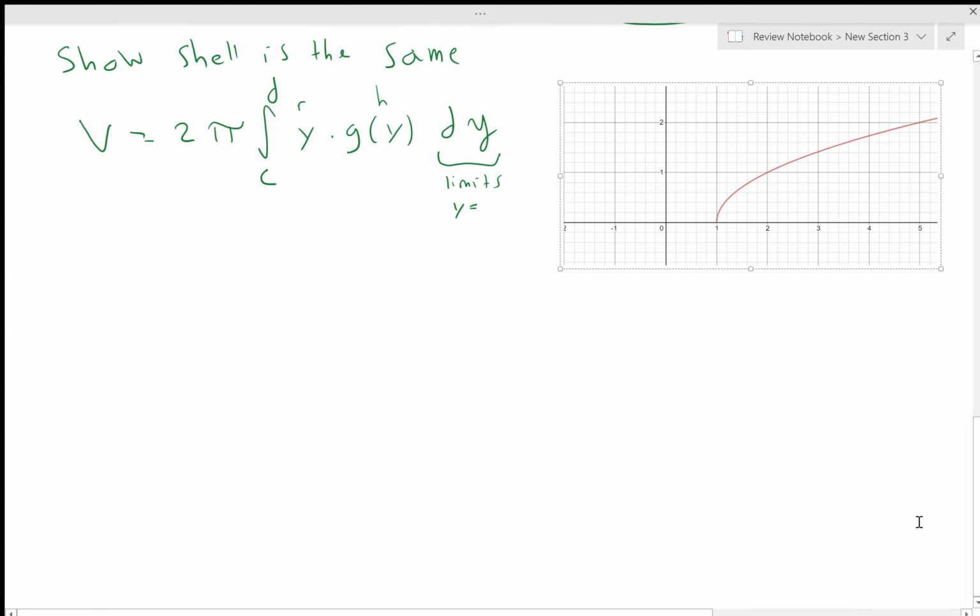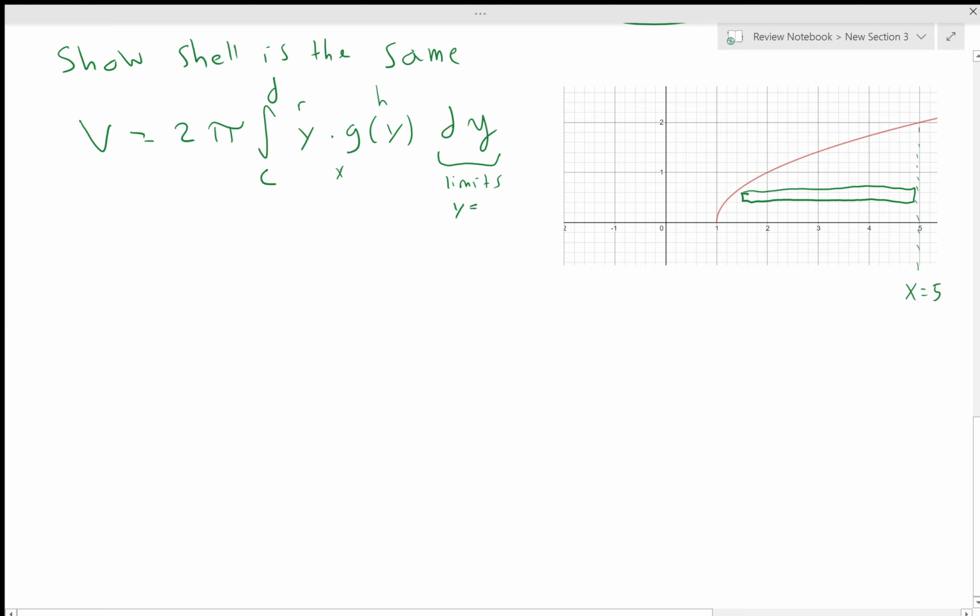So I need to know, I'm still rotating about the x. My shell method cuts are parallel to the axis that we're rotating around. So that means I need to make sure I have my limit here of my x equals 5 line. And again, these are our two lines.